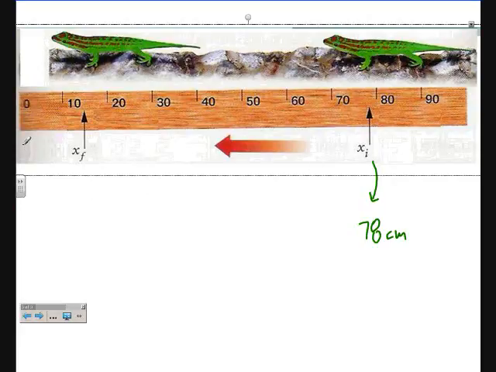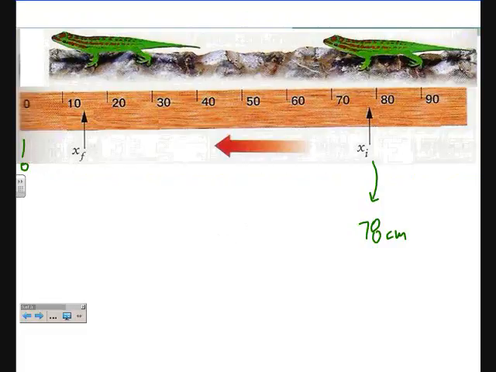This frame of reference doesn't change. This is still our 0 point. Okay? Then we still have a positive direction, which the gecko is still on that positive side of 0. So now his initial position for this trip isn't 78 centimeters. He's 78 centimeters away from the reference point, but his position will be positive 78 centimeters, indicating which side of the reference point this gecko is on.